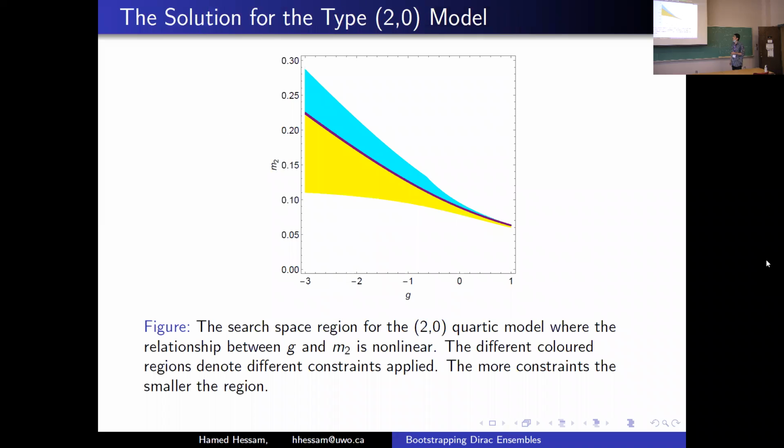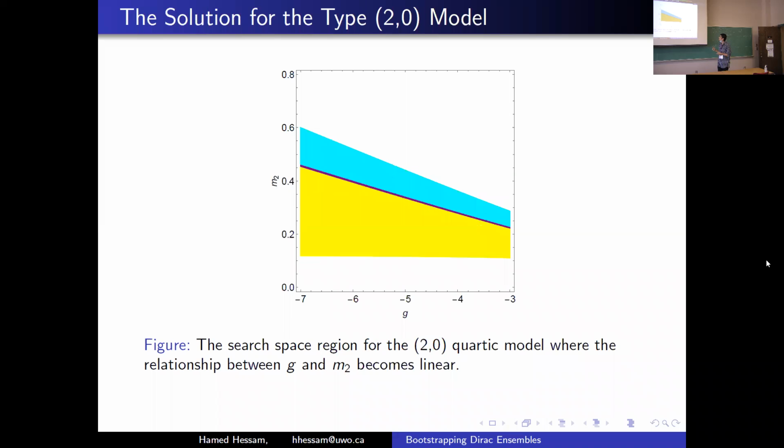So for the solution of type 2-0, because we write all the moments in terms of M2, we have just a one-dimensional search space. Again, by putting more constraints, we get a narrowing region. This purple line is the very close solution to the actual answer.